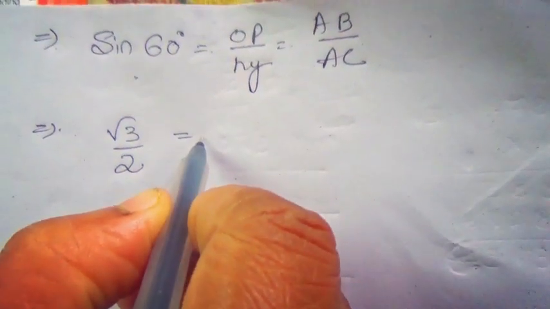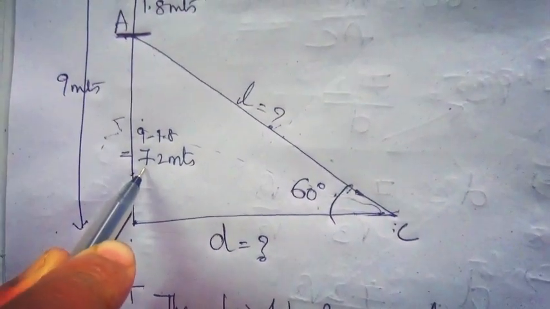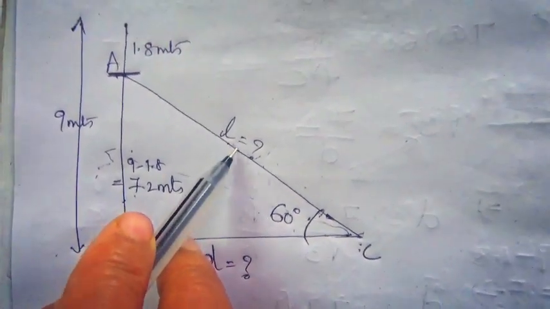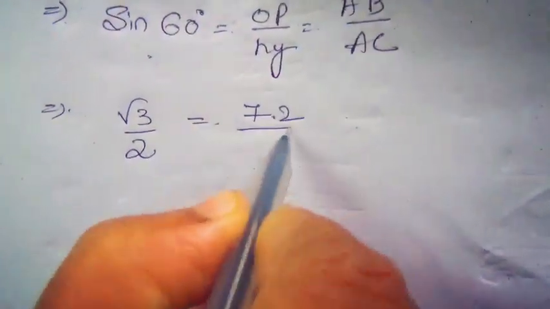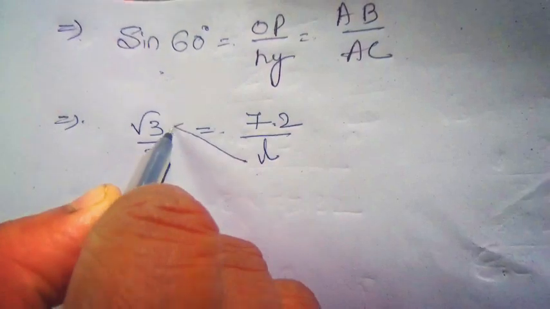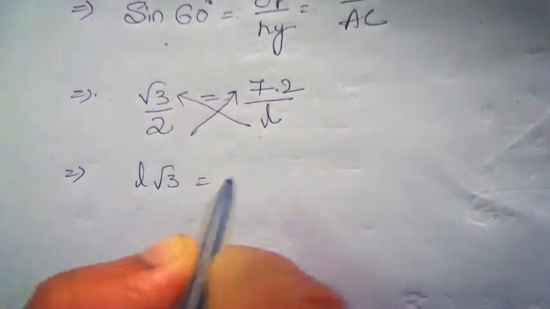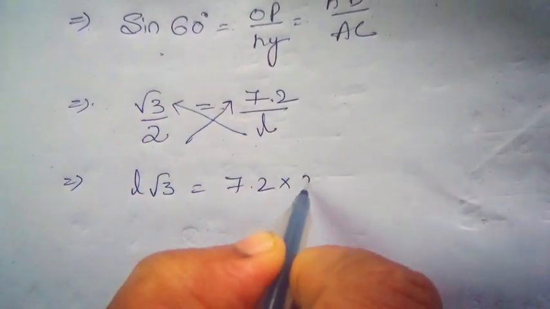That implies AB value is 7.2, and AC value is the length L. So 7.2 by L. By doing cross multiplication, L into root 3 is equal to 7.2 into 2.